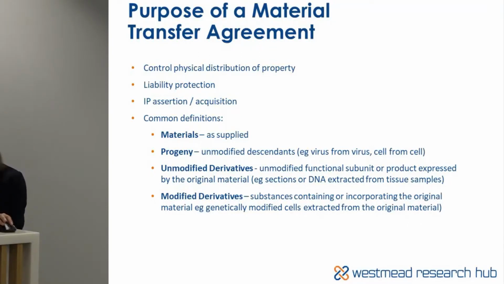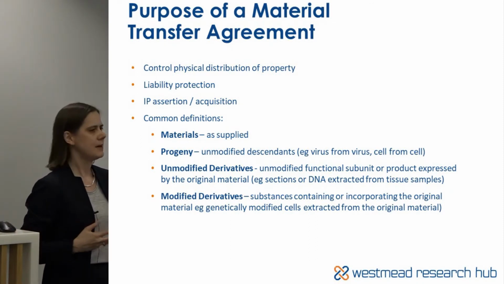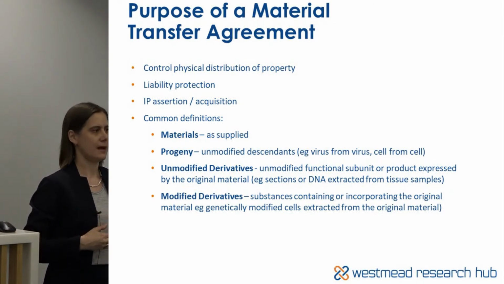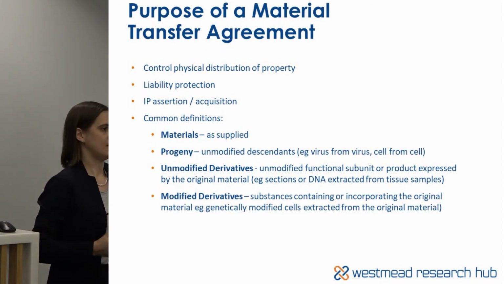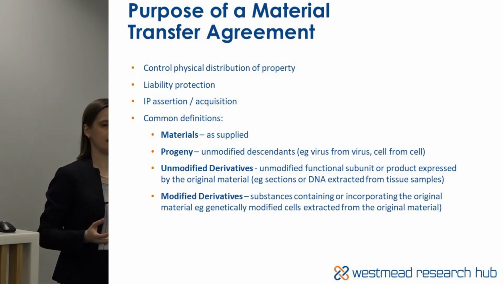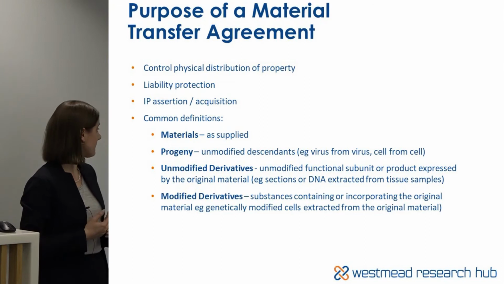One of the key purposes is to be clear on what happens with the physical samples and to control where they can go and not go and what they can be used for. There'll be some things around liability. Again, if those biological samples happen to be infectious or something like that, who's responsible for that?